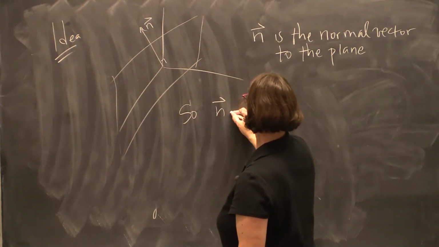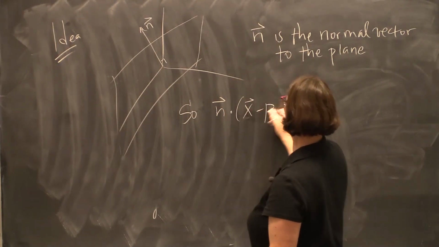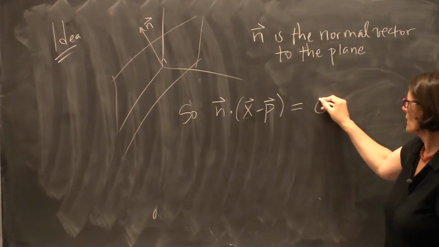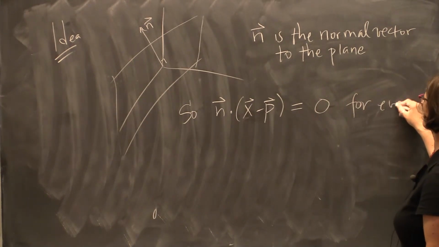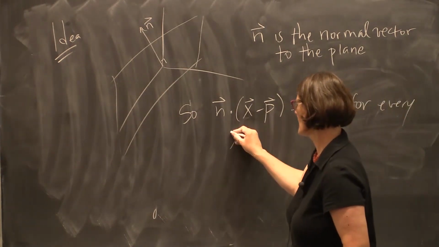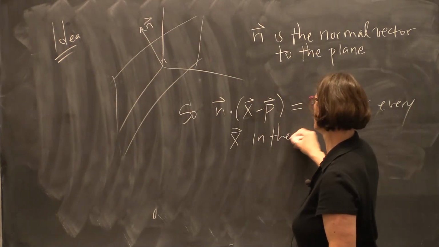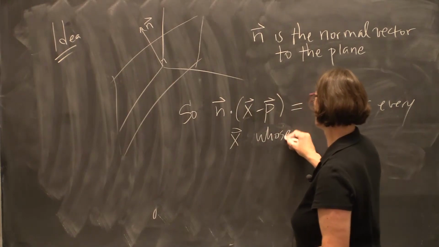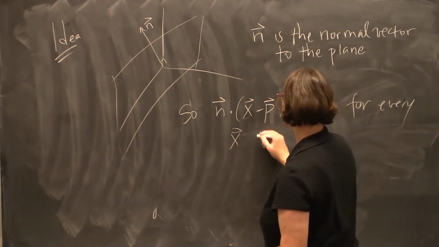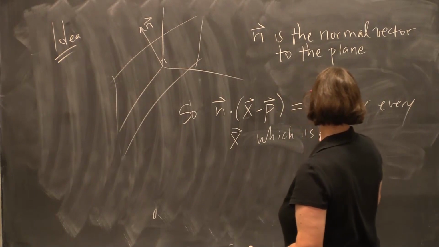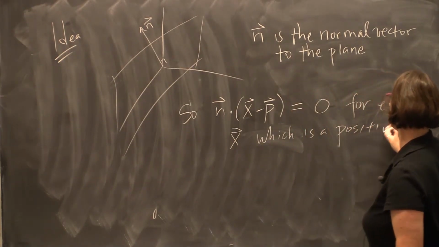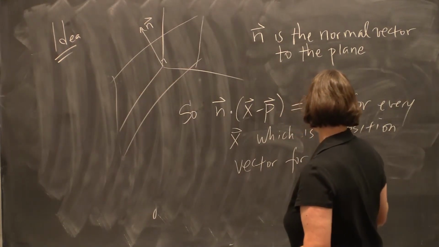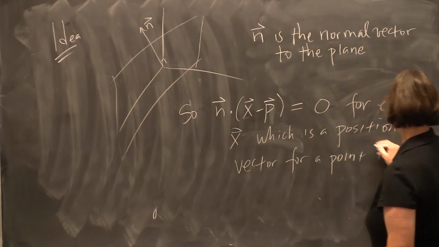So N dot x minus p must equal what? 0 for every x in the plane. Every x which is a position vector for a point in the plane.